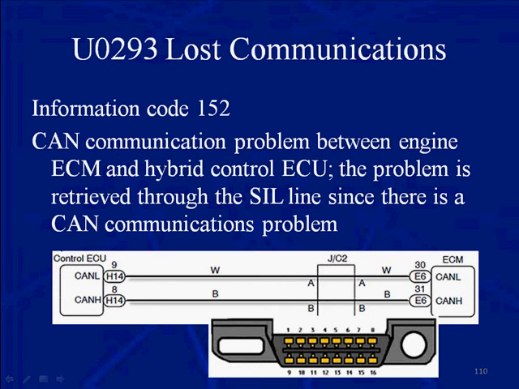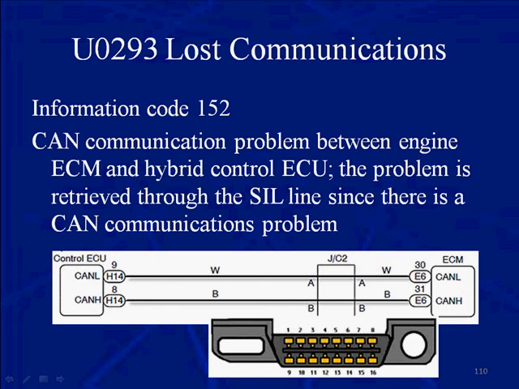The problem is retrieved through the SIL line, and that SIL line is that 9141 protocol we're talking about on pin 7 of the DLC where the scan tool talks. Since there isn't any CAN communication, there's something wrong with the CAN communication bus, that the way you got this trouble code is through 9141.